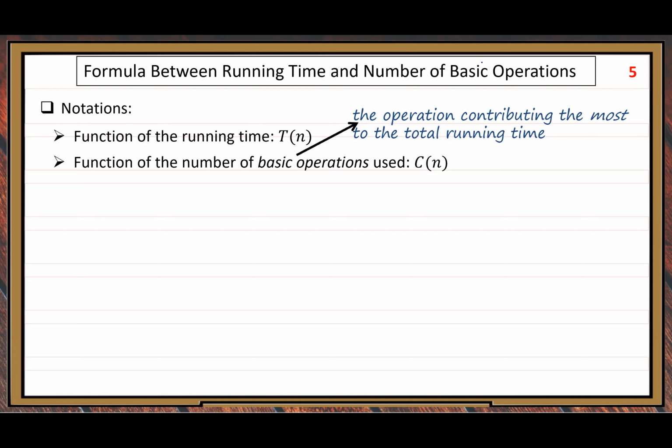You may wonder, how do you define basic operations? We have additions, we have multiplication, two different operations. In that polynomial evaluation problem, multiplication is the basic operation, addition is not, because multiplication has this property: it is the operation contributing the most to the total running time.